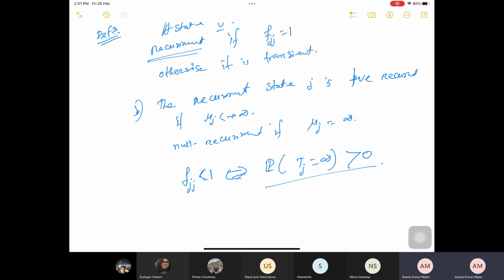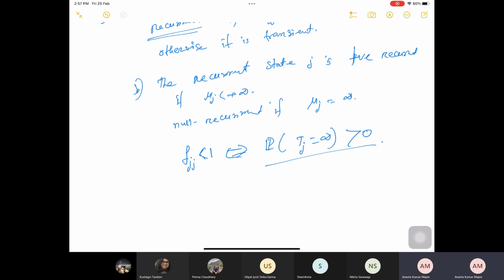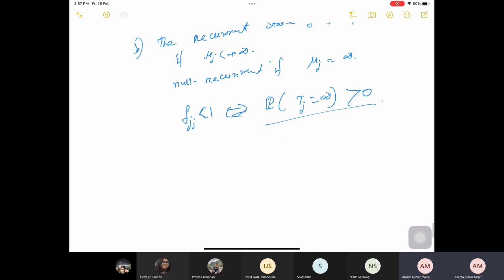This T_j should be infinity with certain positive probability. Because f_jj equal to 1 is certain, hence the probability of T_j equal to infinity is zero. Okay, so let us consider one example.